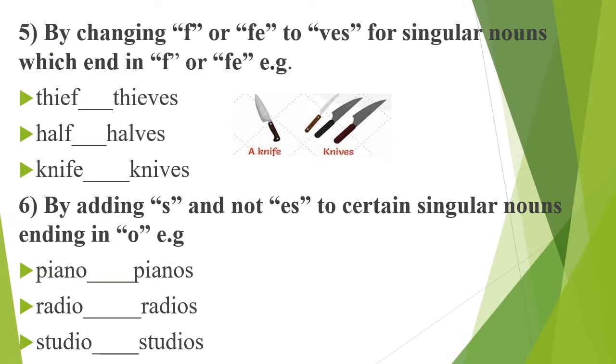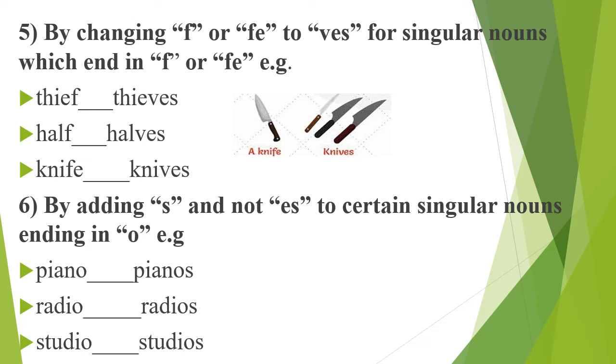The fifth way to make plural nouns is by changing F or FE to VES of singular nouns that end in F or FE. We will remove F or FE and add VES in place of F or FE.